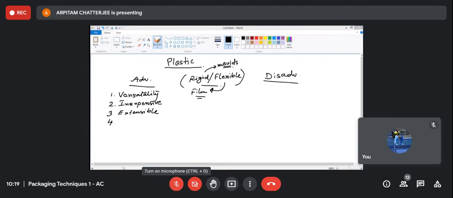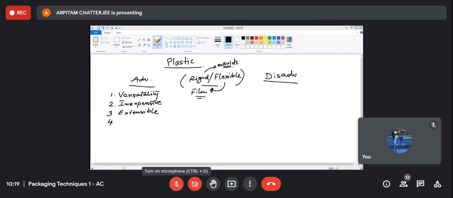So for example, you will see that colored plastic below a particular micron level, say 50 micron or 40 micron level, is generally prohibited for use in food grade material. Why? Because over a long term, plastic keeps on decomposing also. It is not that it is formed like that and it will remain like that for a very long time.